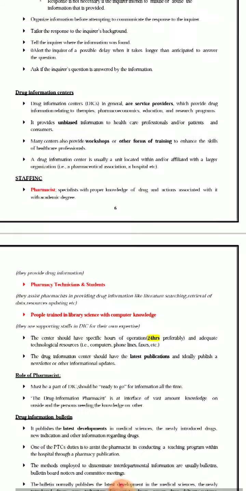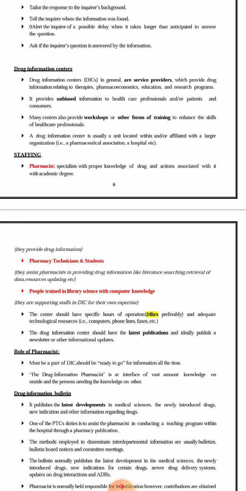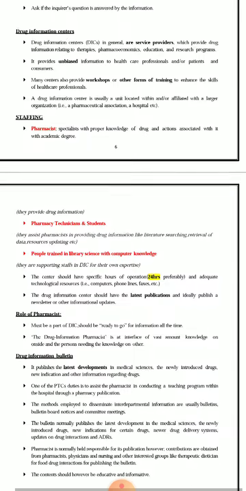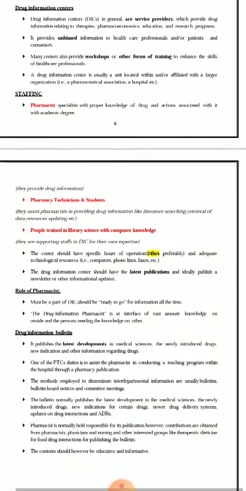Many centers also provide workshops or other forms of training to enhance the skills of healthcare professionals. A drug information center is usually a unit located within or affiliated with a large organization, such as a pharmaceutical association, a hospital, etc.